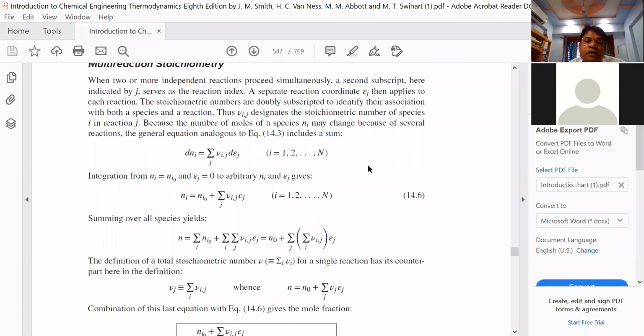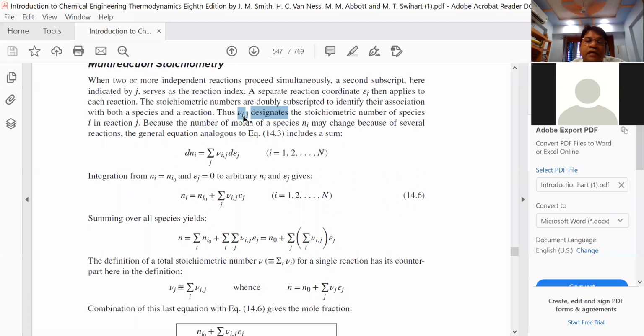In case of multiple reactions, we have to designate two suffixes for the stoichiometric coefficient. One suffix is the species and the second suffix is the reaction number.